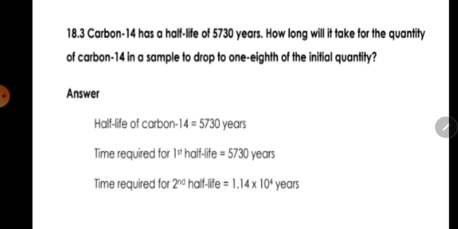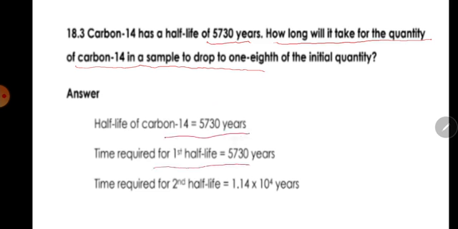Now 18.3. Carbon 14 has a half-life of 5730 years. How long will it take for the quantity of carbon 14 in a sample to drop to 1/8 of the initial quantity? So first we will write the data. This is the half-life of carbon. Time required for first half-life is 5730 years.